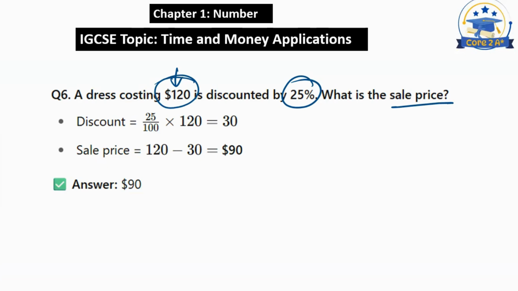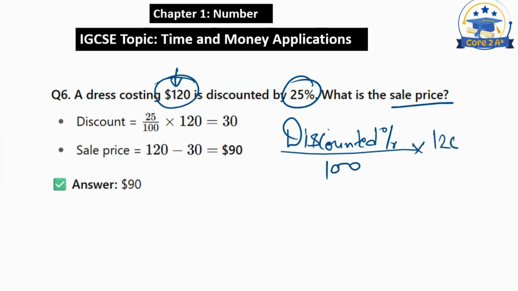So how can we find it? Discount equals discount percentage over 100 multiplied by 120. 120 is your what? Principal amount, right?